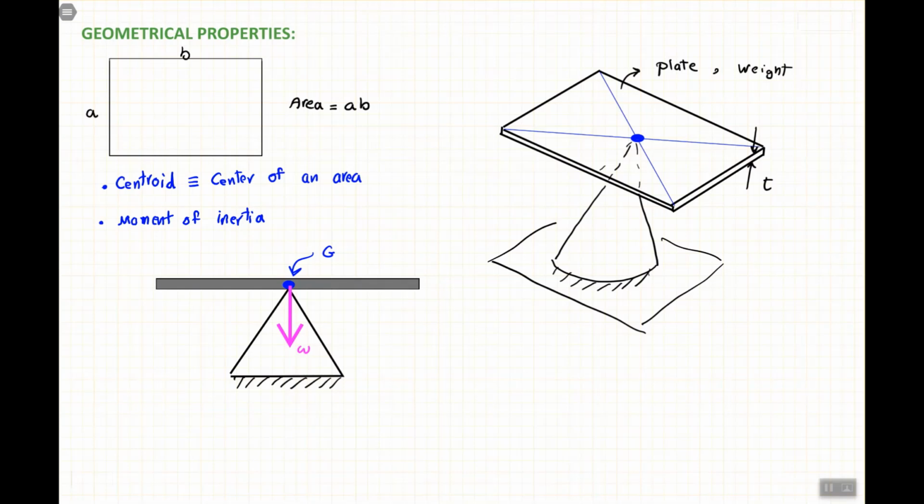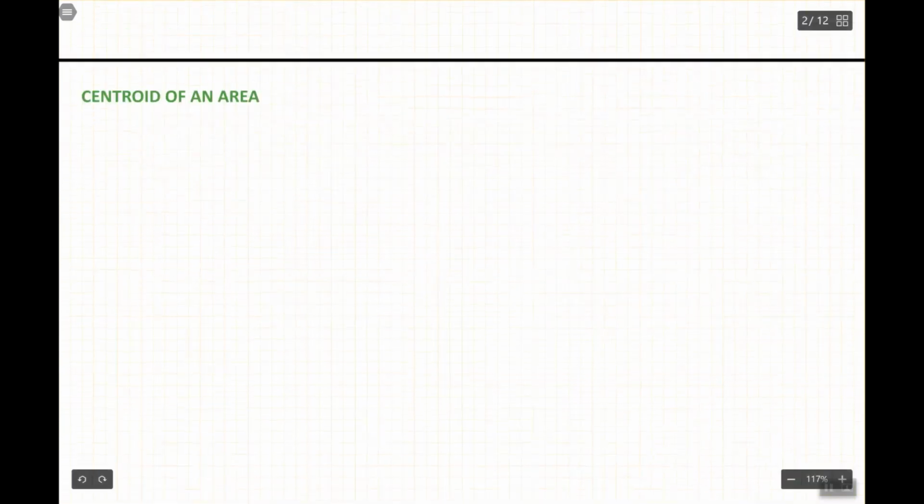Using the same concept, we can conclude that in this rectangle that we had at the beginning, this center is the center of mass, or center of an area, because here we don't have a mass. We call this point C, or centroid, or center of an area. And our job is to find the center of an area.